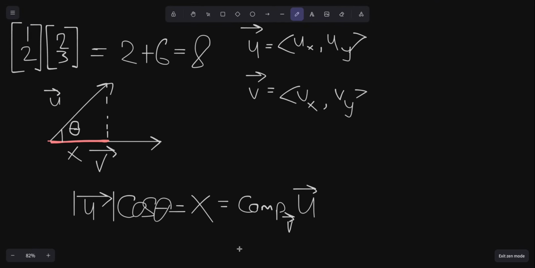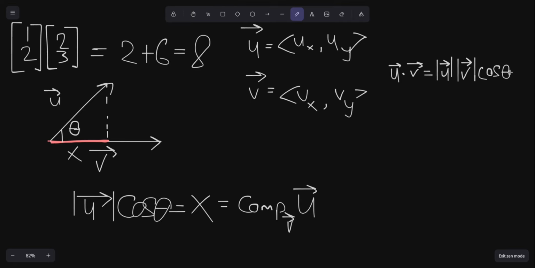Now notice how this looks very similar to what we see in the dot product formula. So recall that the dot product between two vectors is going to be equal to the magnitude of the first vector. So in this case, the dot product between u and v is going to be the magnitude of u times the magnitude of v times cosine of the angle between them.